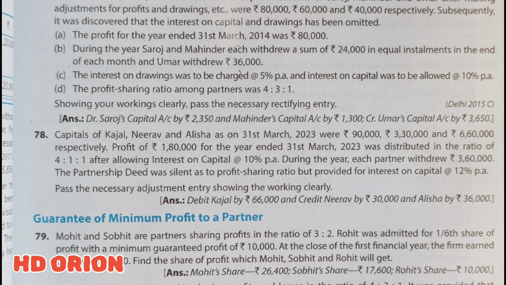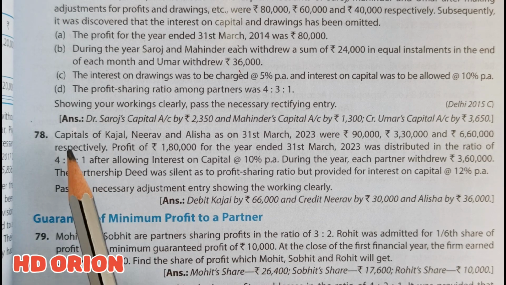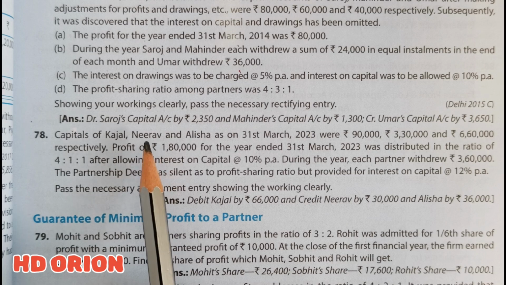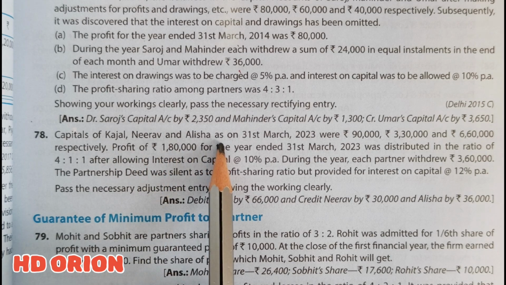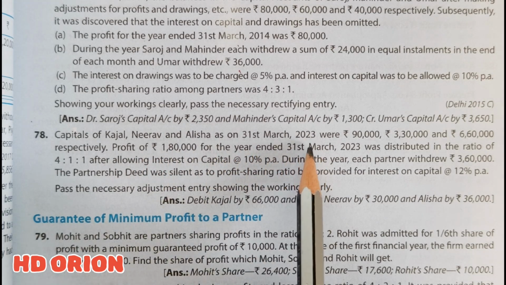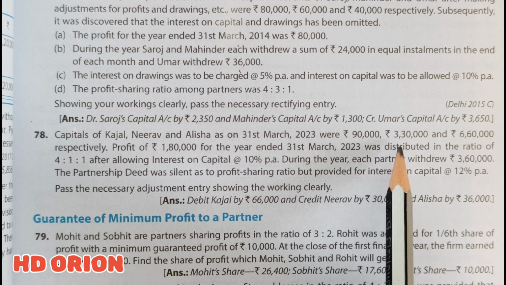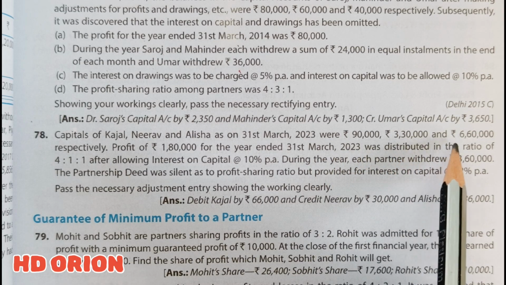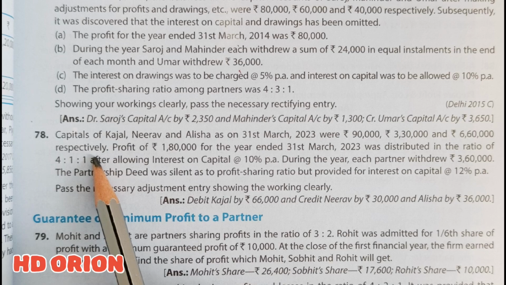Now let us see question number 78, which is the last question on this topic. Capitals of Kajal, Naveen, Nirav and Alisha as on 31st March 2023 were rupees 90,000, rupees 3,30,000 and rupees 6,60,000 respectively.